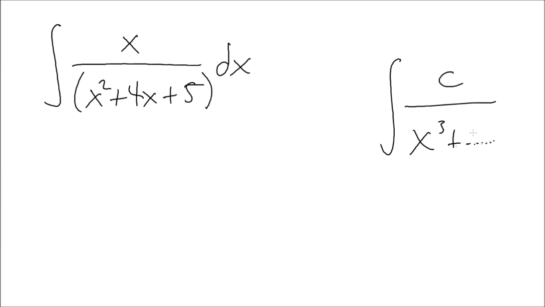You'll only get it if it was something factorable, right? But if it was something like x cubed plus x plus 1, you will never get this in integration bees. And if you do, something's wrong with the problem writer.